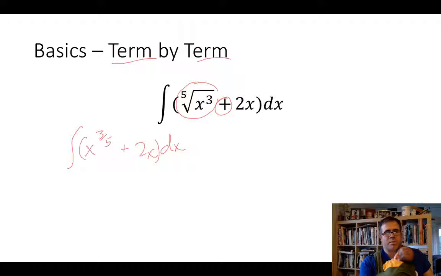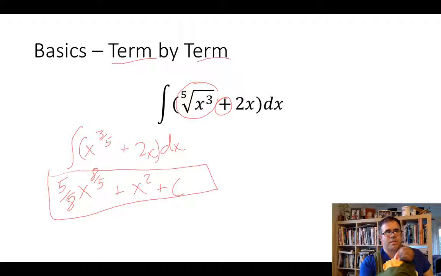Technically, I should put parentheses around here, and then we integrate this part, use the power rule, add 1, it becomes 8/5 as the power, and then we have to divide by 8/5, which means multiply by the reciprocal, so that's 5/8, and plus the integral of 2x is just x squared plus constant, right? So when I say integrate term by term, I mean look at this one, then do this one. Don't let them bother you.